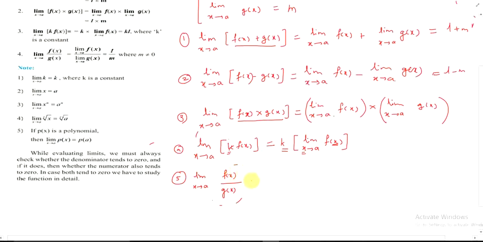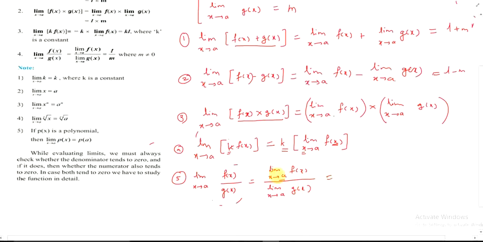Now here we have to think about this g(x), but let us first see how to apply the limit. Here again we can apply the limit separately for the numerator and for the denominator in this way.